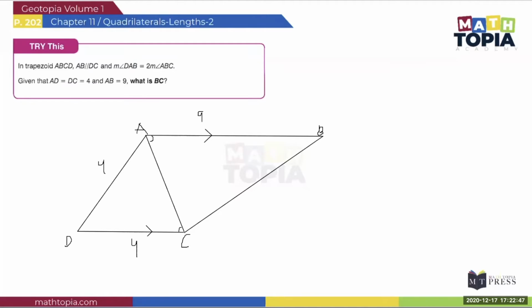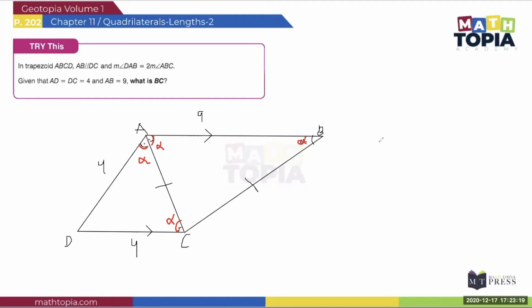However, because ADC is isosceles, this is also equal, which means we've just made an angle bisector of DAB. And this is very convenient for us because now we split it up into 2 equal parts, and ABC is equal to exactly half of DAB. So this is also alpha, alpha, alpha, alpha, alpha. And now we have an isosceles triangle. So these two are equal.